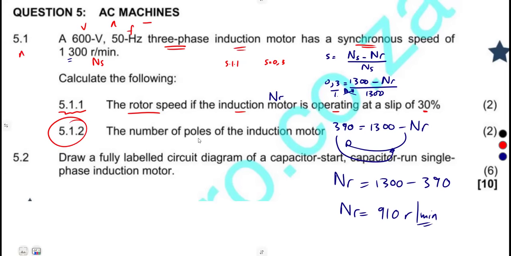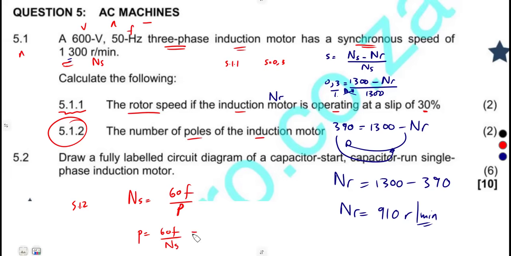And the number of poles of the induction motor. We can calculate the number of poles from our synchronous speed, because the synchronous speed is the one that has got the number of poles. Synchronous speed is equal to 60F over the pairs of poles. So you can find the pairs of poles: P is equal to 60F over NS.